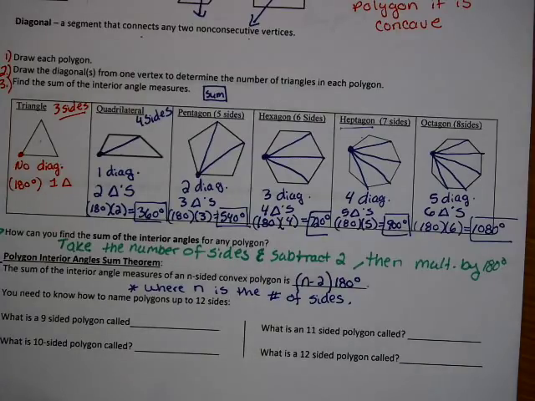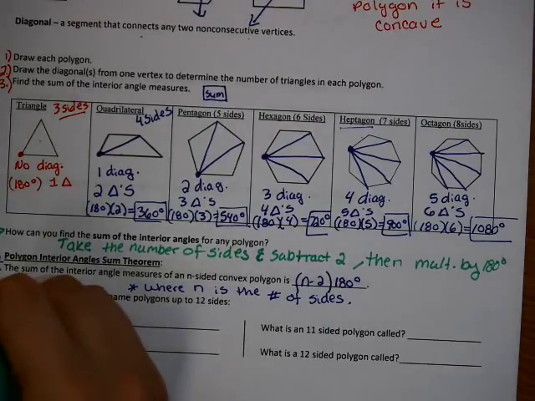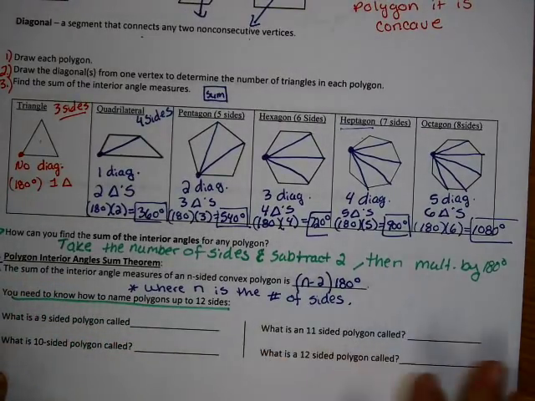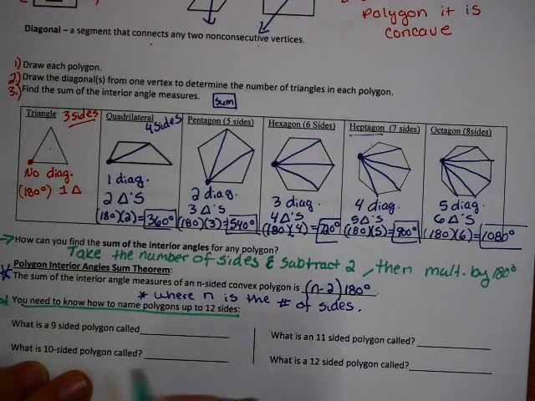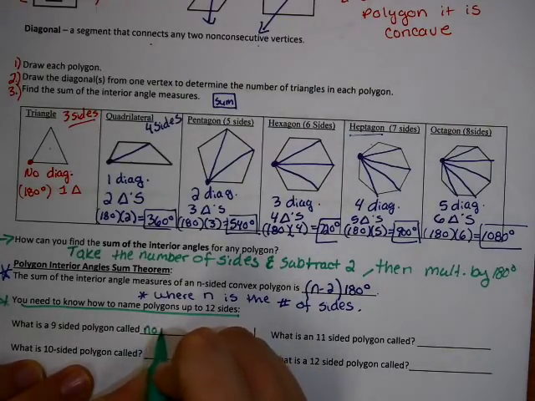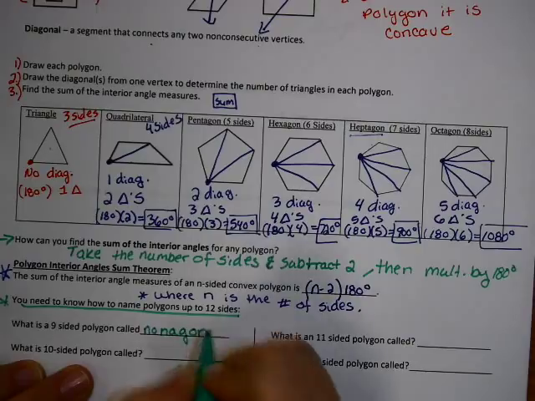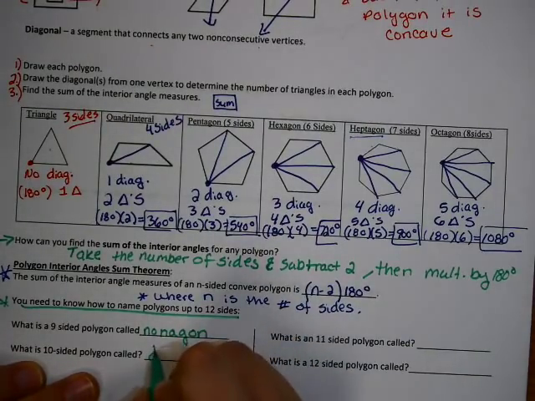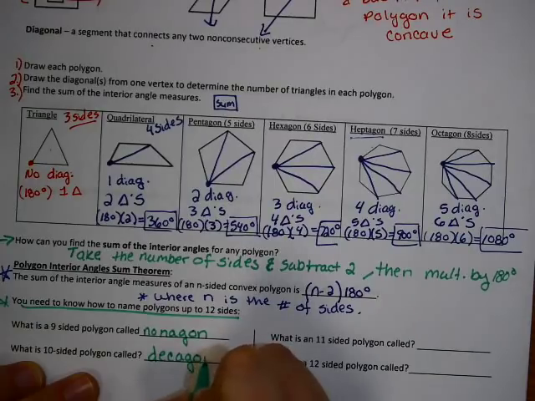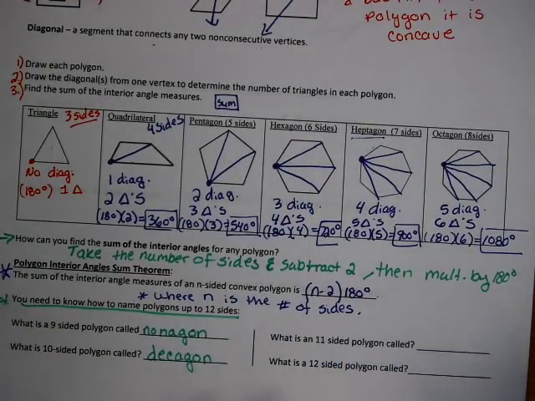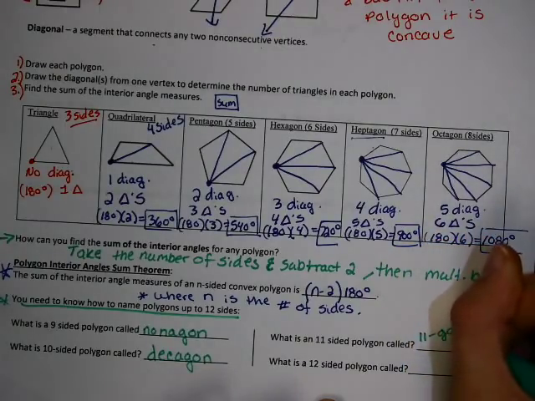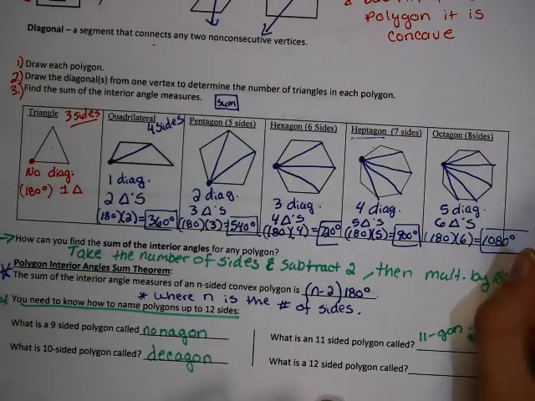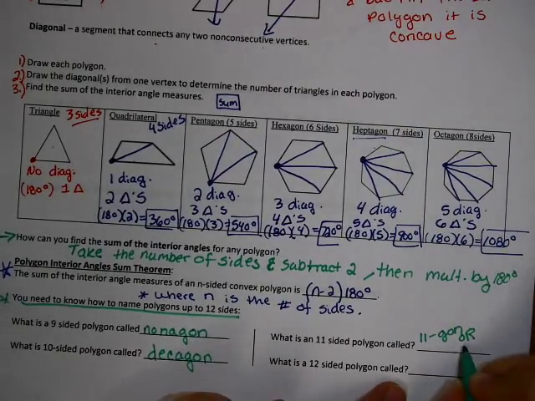Okay. Another thing I want you to highlight or star is you will need to know how to name polygons up to 12 sides. So a 9-sided polygon is called a nonagon. A 10-sided polygon is called a decagon. 11-sided polygon, there's actually several names. You'll see it as 11-gon. You will see it as an undecagon, un for one, undecagon.